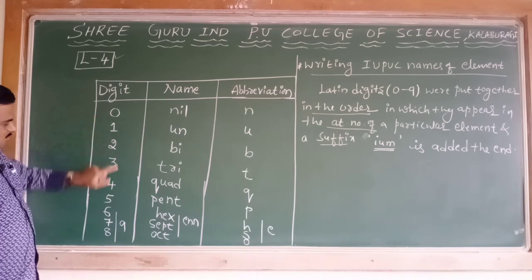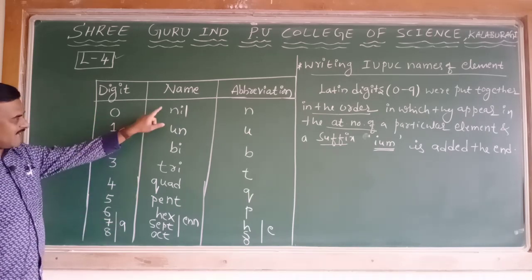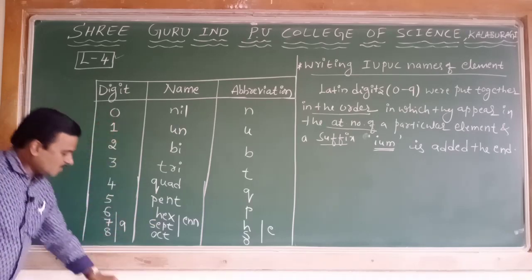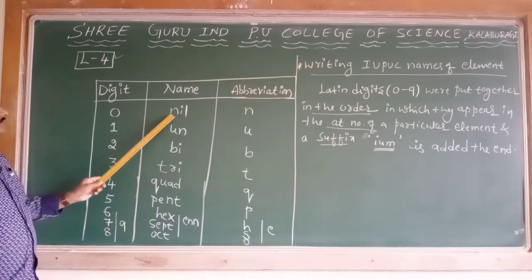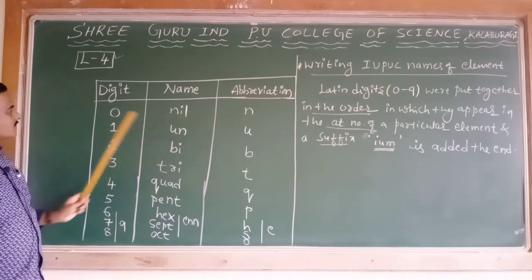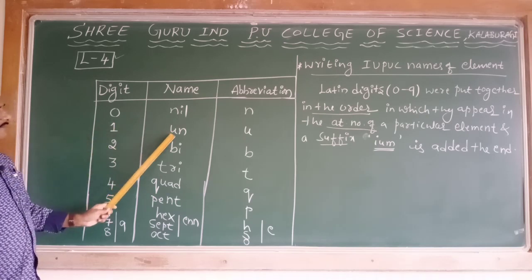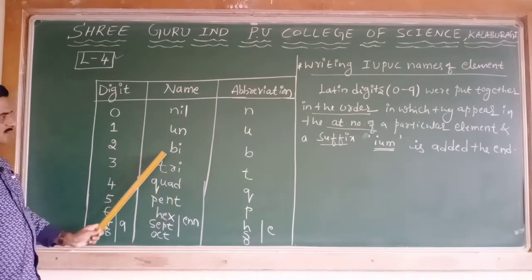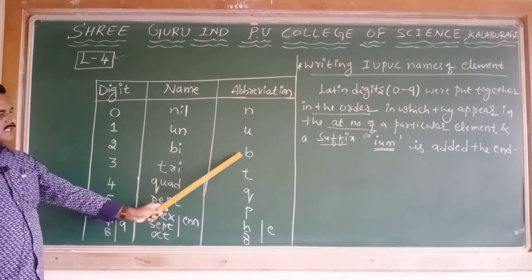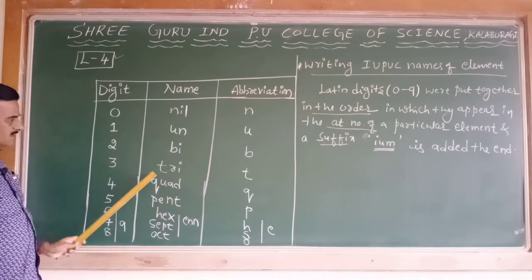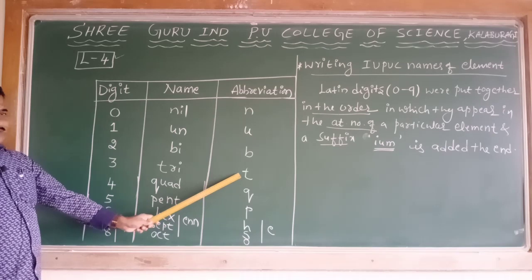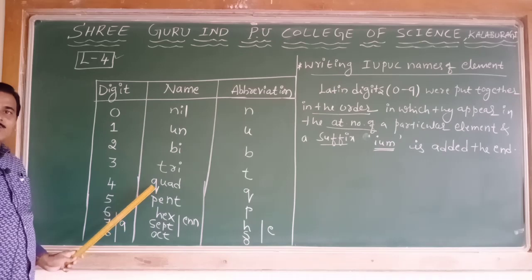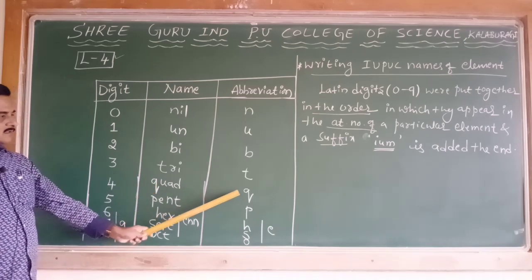These are the Latin names of the digits 0 to 9. 0, nil, and the abbreviation is N. 1, name is un, abbreviation U. 2, bi, abbreviation is B. 3, tri, abbreviation or symbol is T. 4, quad, Q-U-A-D, quad, symbol Q.